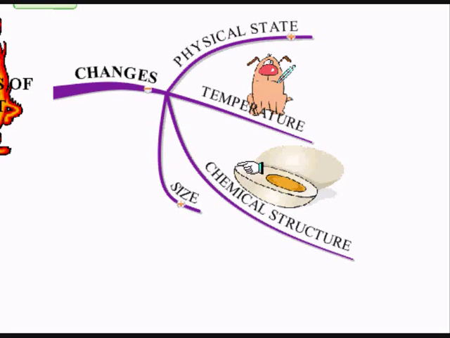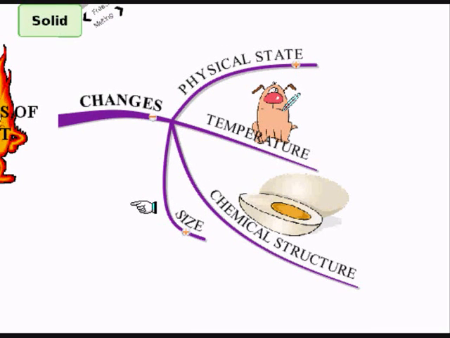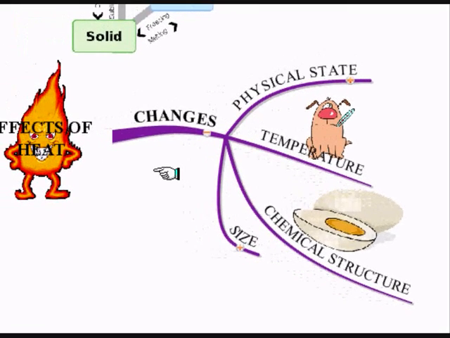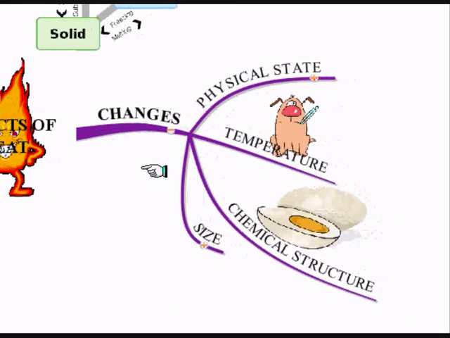For example, when something burns, the molecules react with each other, giving you a new compound. So the chemical structure of the substance changes. Then the other change is in size. Most substances become larger when they are heated and become smaller when they are cooled. So these are the main changes that happen as a result of heating or cooling.